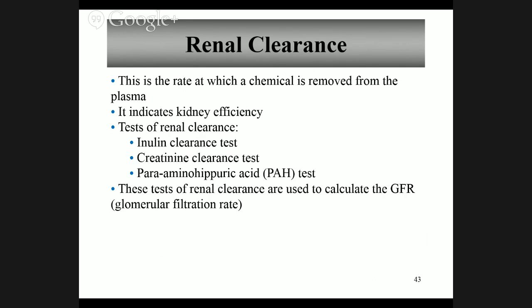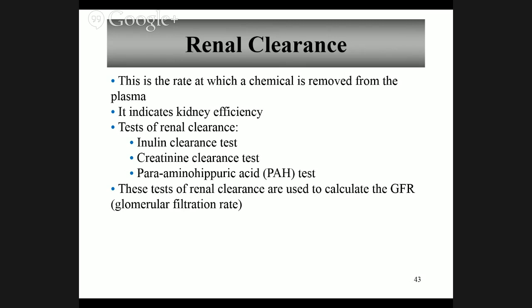Renal clearance. This is the rate at which a chemical is removed from the plasma. It indicates the efficiency of the kidneys. And there's a couple of renal clearance tests, actually 3 of them listed here. Inulin clearance test. Inulin is a polysaccharide.